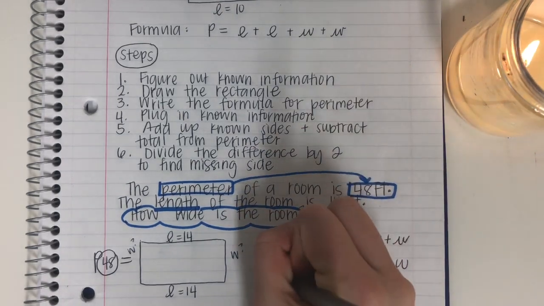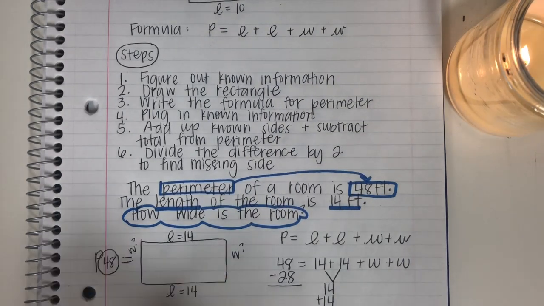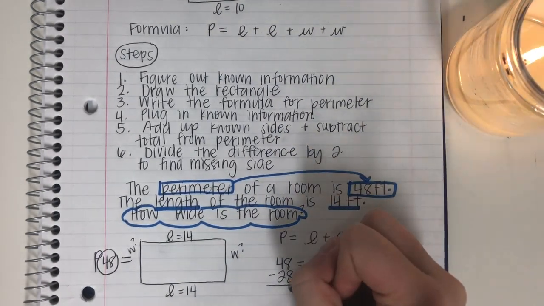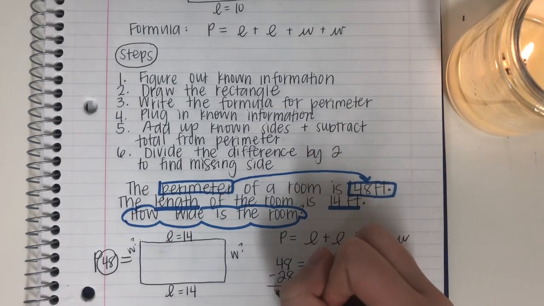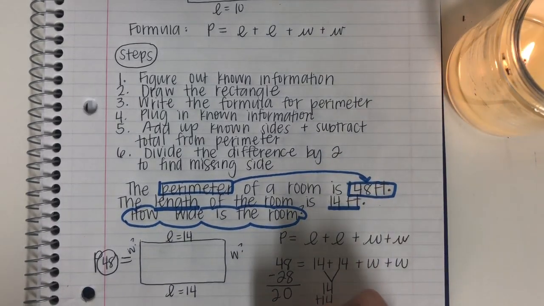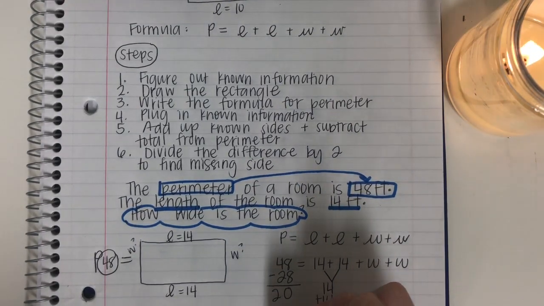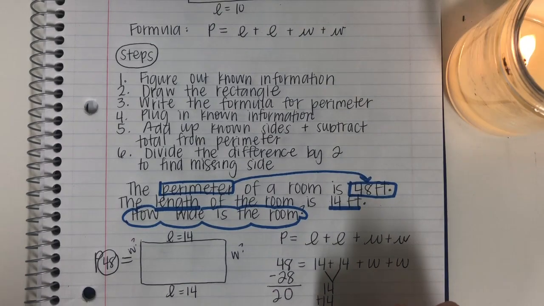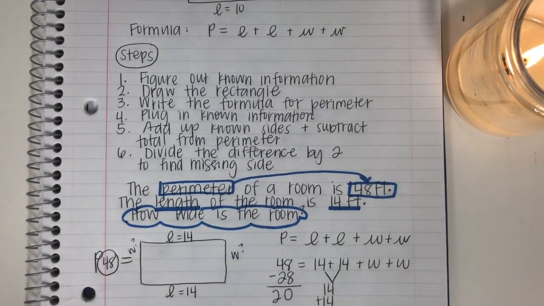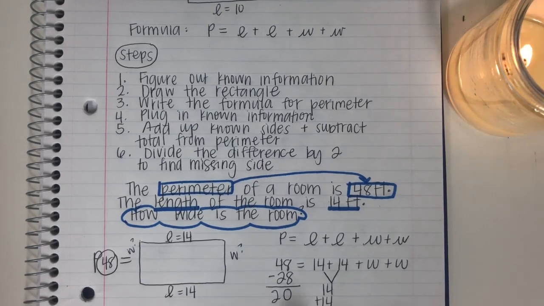So I'm going to subtract 28 from here. So now I have 8 minus 8 is 0. 4 minus 2 is 2. So now I have 20 equals width plus width.